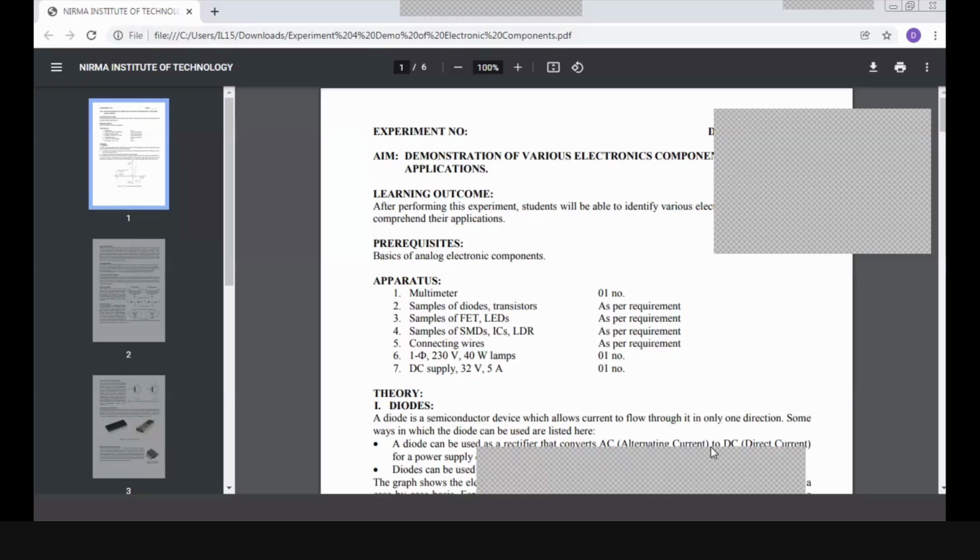So here we are going to discuss basically diodes, transistors, the ICs, their applications. I will demonstrate the components and the testing of the components using multimeter, right?